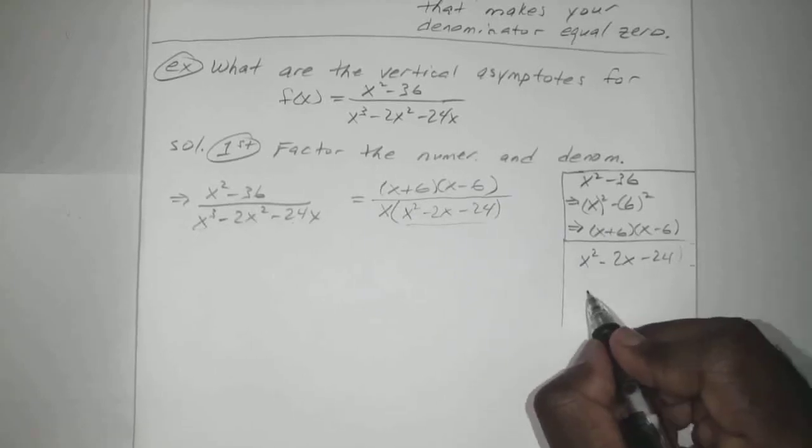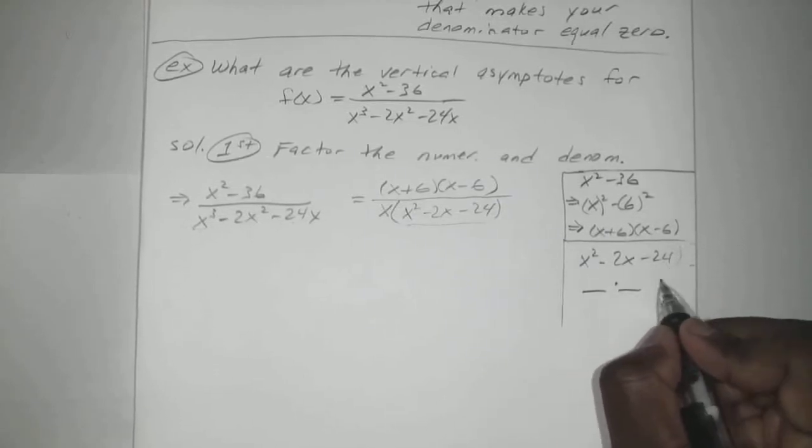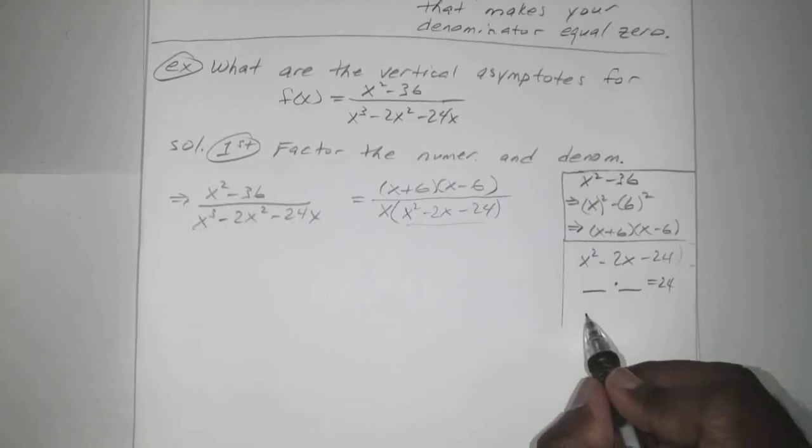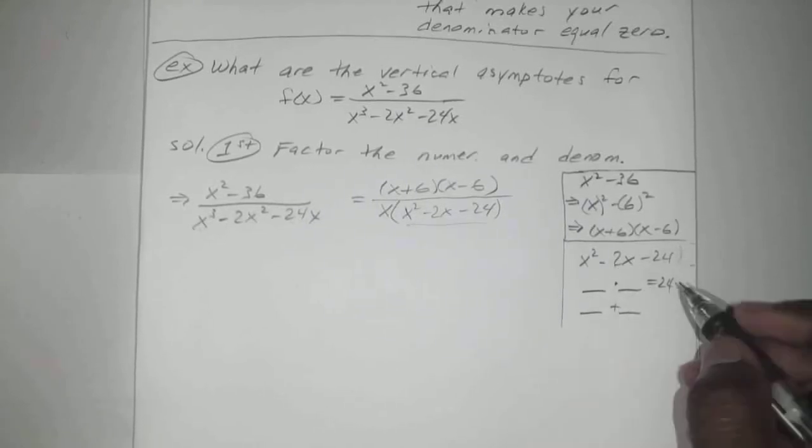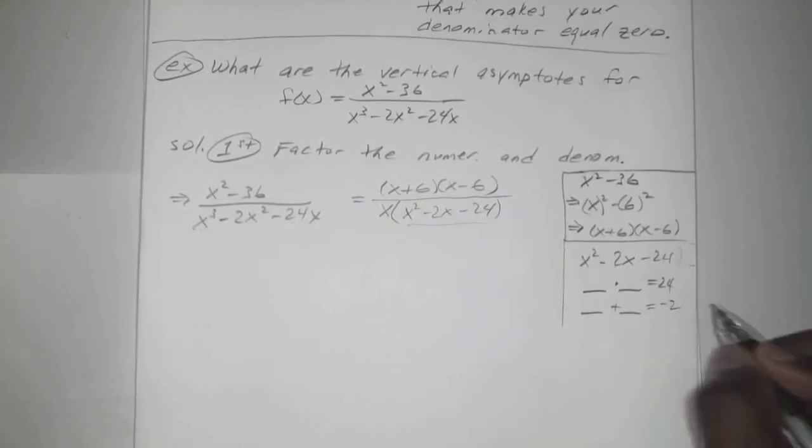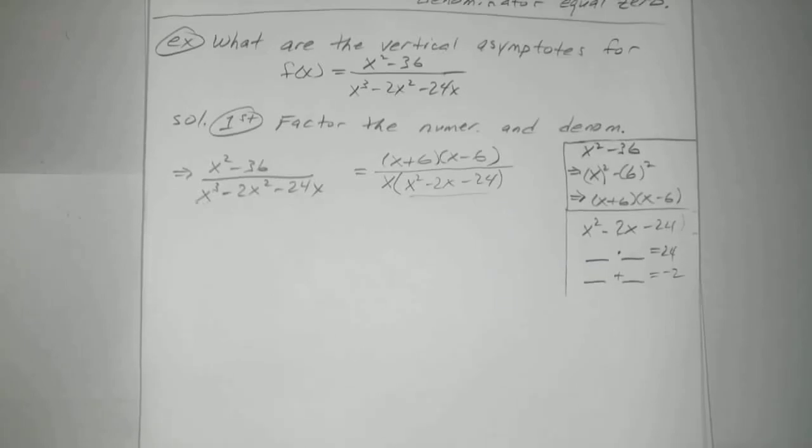We just have to find two numbers that multiply to equal our c, and those same two numbers add to equal our b. We know that 6 and 4 multiply to 24, and they differ by 2.